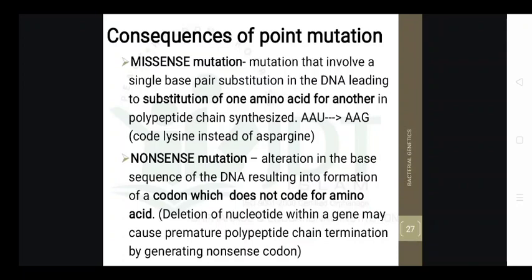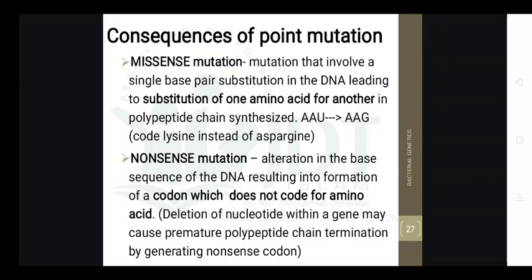First one is missense mutation. A mutation that involves a single base pair substitution in the DNA may lead to substitution of one amino acid for another. Usually one amino acid is coded by three nucleotides, and by changing one nucleotide of the codon, it will change to another amino acid. Our sense is changed from one amino acid to another, so that is known as missense mutation.